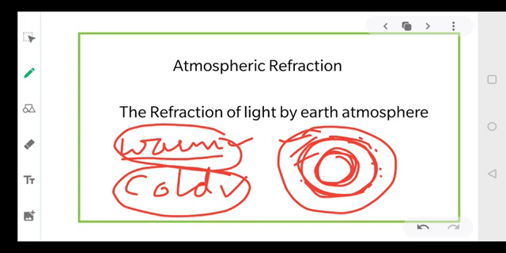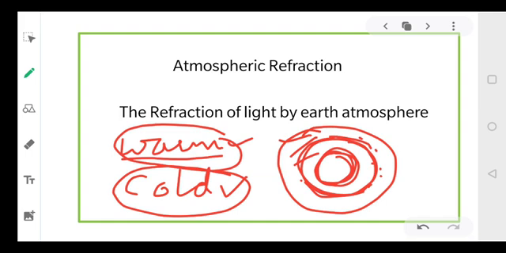So in air, you can say there is a division of air depending upon the density of the air. The cooler air has heavy density, while the lighter, warmer air has less density. So air itself behaves as a refractive medium, right?